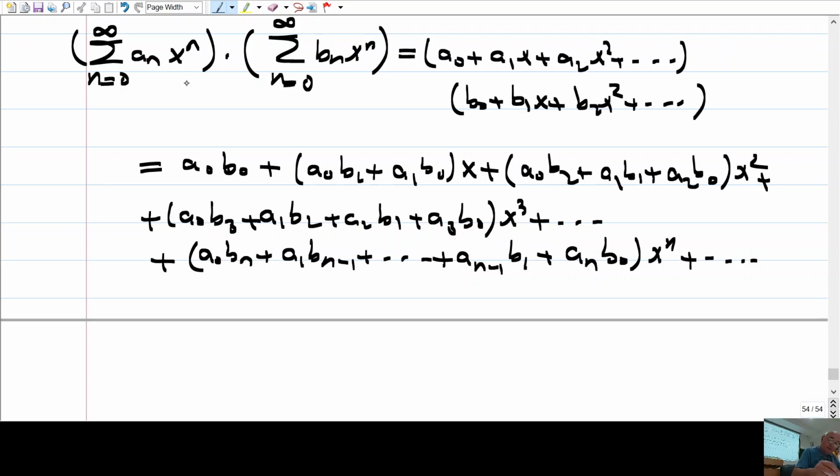I can call these gadgets, let's say, C0, let me write it this way. C0 is this. This is C1, this is C2, C3, and Cn.